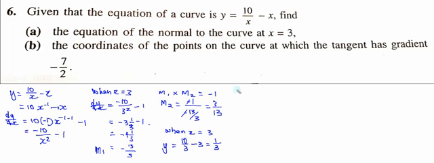Okay, so the point where the normal passes through is actually 3, and y is 1 over 3.